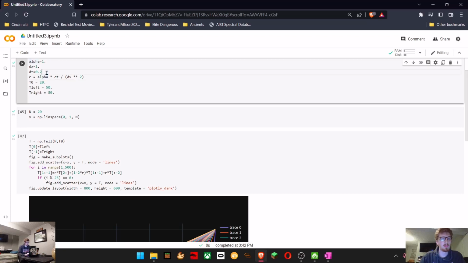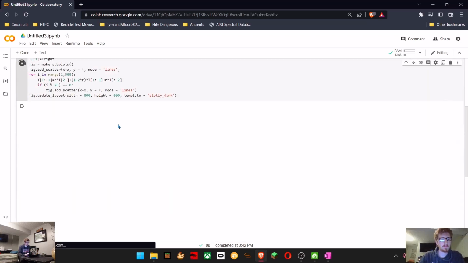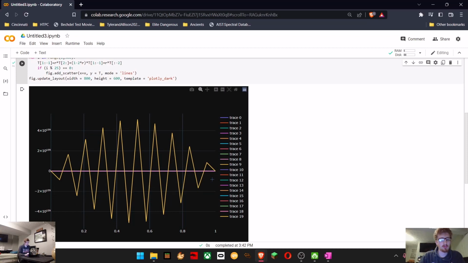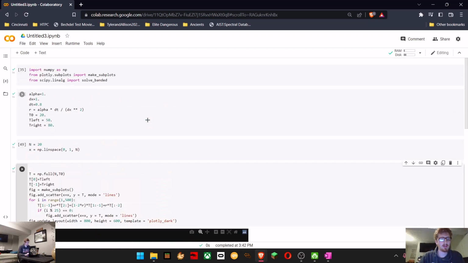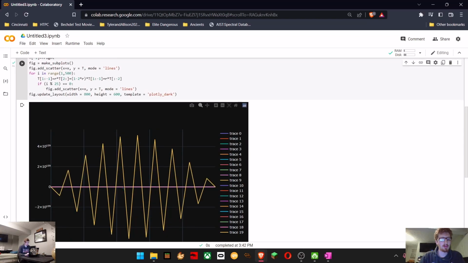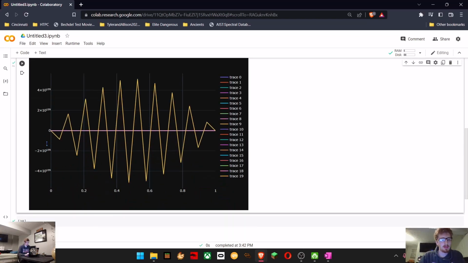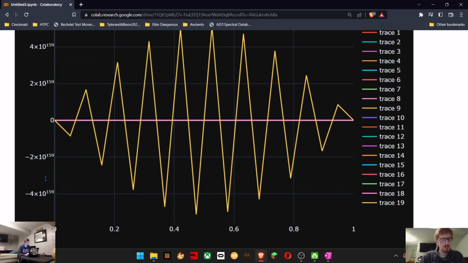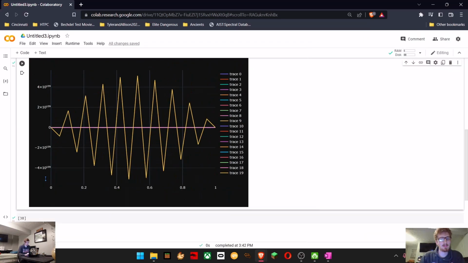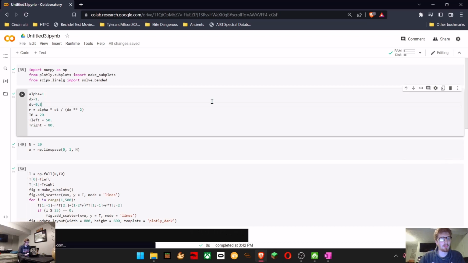But as we go above 0.5, you start getting these really, really crazy shapes. And your temperature starts oscillating a lot. And take a look at the number here, 10 to the 159th power. And that's just going 0.3 above 0.5.